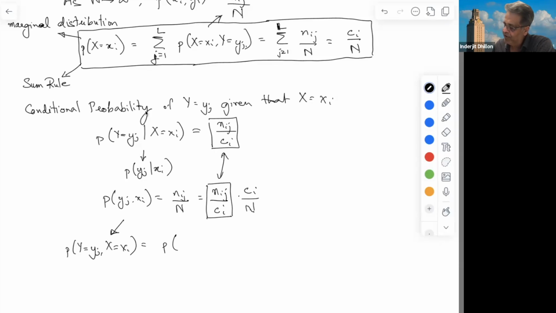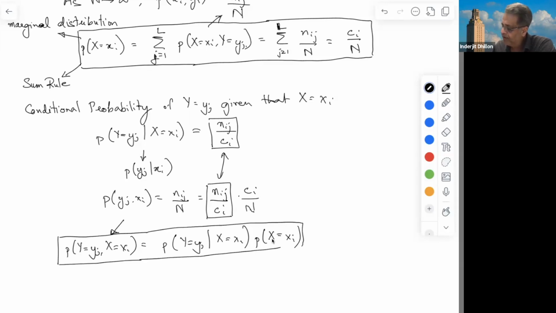So this is equal to P of y equal to yj, conditioned on x equal to xi, and this is the marginal distribution we saw above, P of x equal to xi. This is often known as the product rule. If you take a look at the book by Chris Bishop, he also has a section devoted to this. This is the product rule.